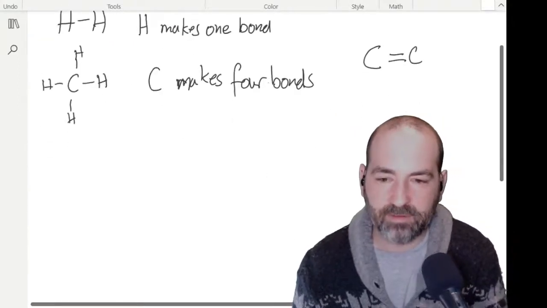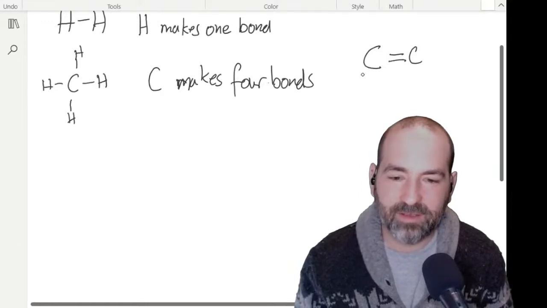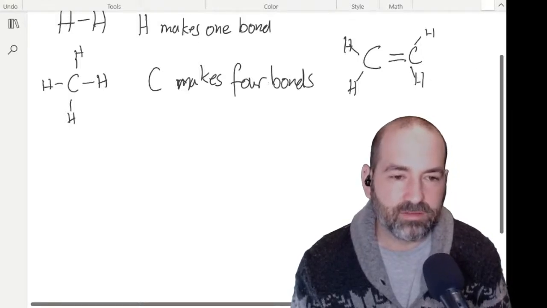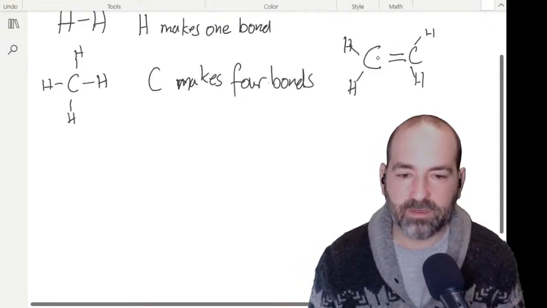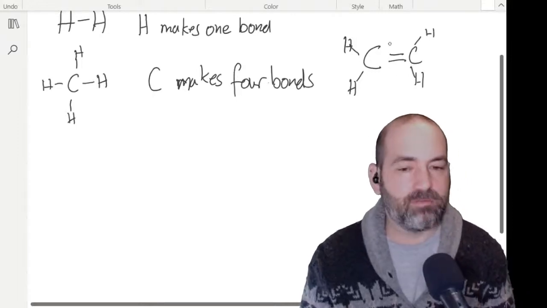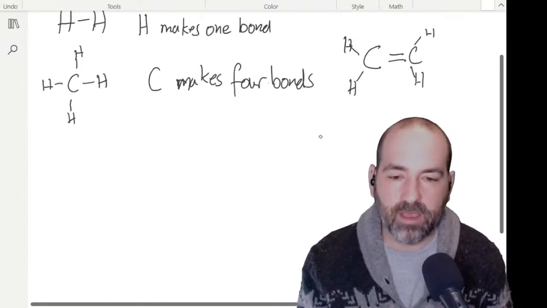Okay, well, that's fine. We'll go down here. So carbon can have these types of structures as well, where we would still consider those as being connected 4 times. So each carbon has 1, 2, 3, 4 lines coming off of it. It's just that 2 of those lines happen to be between the same 2 atoms. And carbon can make triple bonds as well. So you can have structures like this.